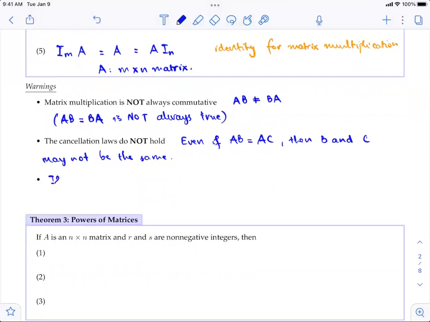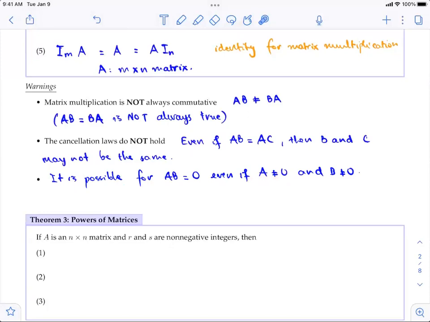So the last warning is that it is possible for the product to be equal to 0, or the 0 matrix, even if A is different from 0 and B is different from 0. In other words, the matrices A and B are not 0 matrices, but the product can give you a 0 matrix.